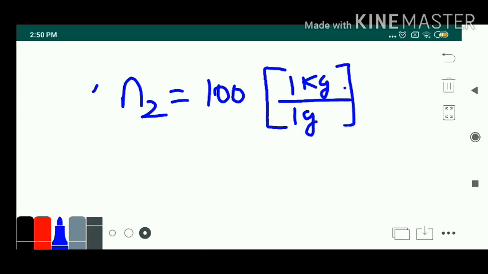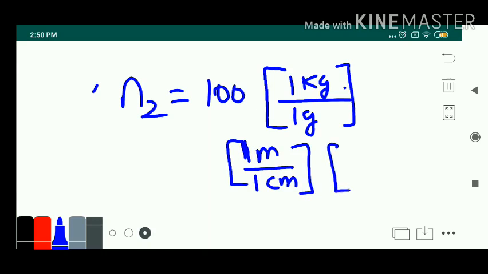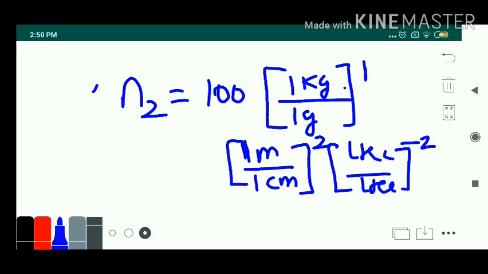Just write the units. Clear? What is L1? That is given as 1 meter. This is 1 centimeter in the denominator. And what is time? 1 second, and the denominator also 1 second. Right, and what are the powers? This is 1, this is 2, and this is minus 2.